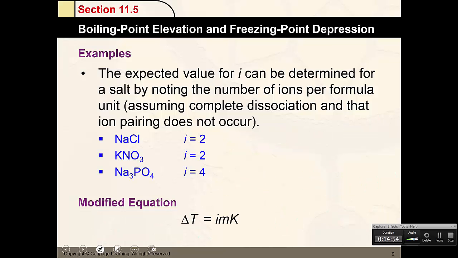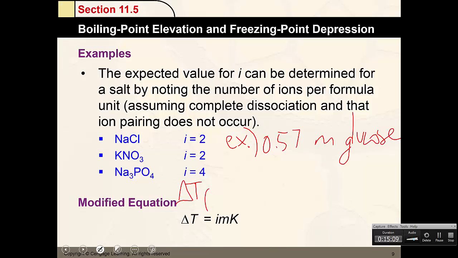Okay, now if we were trying to calculate the freezing point lowered by a 0.57 molal solution of glucose, so for the change in the freezing point, since it's glucose, since it's a non-electrolyte, we can ignore the Van't Hoff factor since it's 1. The Kf for water, 1.86 times the molality, 0.57.